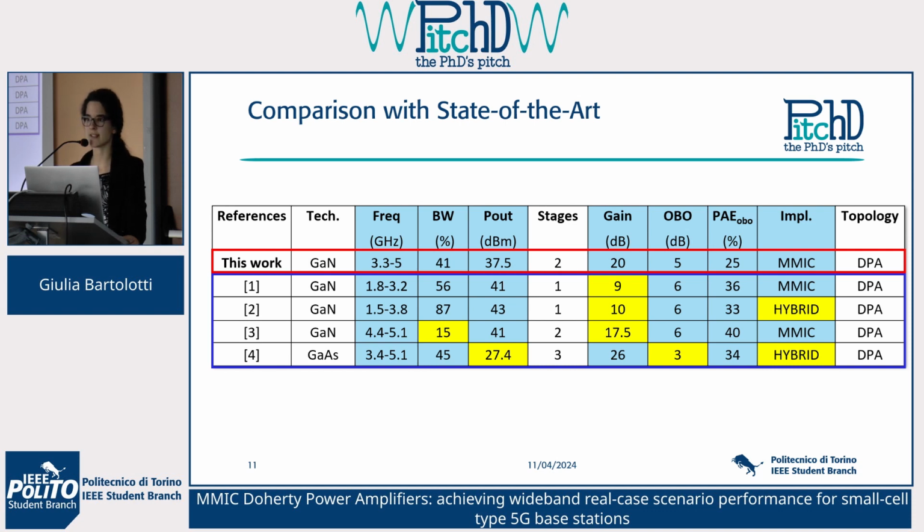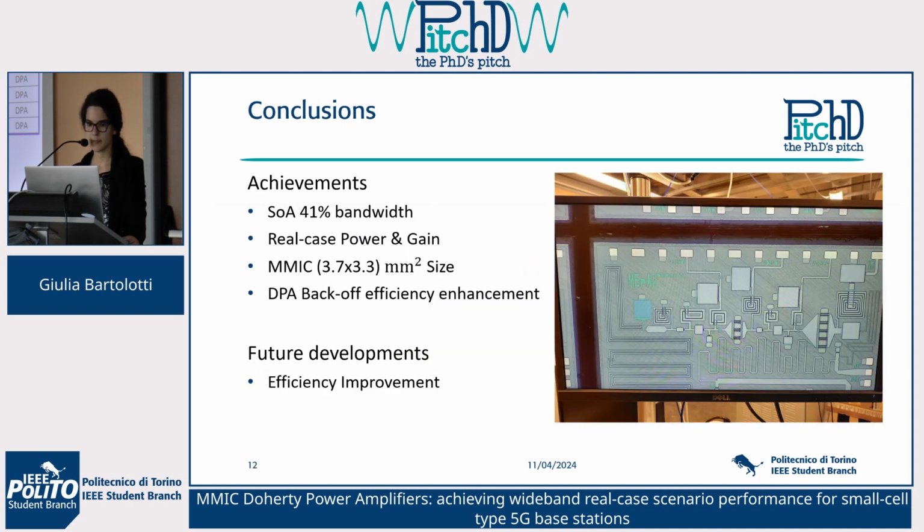Overall, we can say that our performance was pretty good in terms of bandwidth, power, and gain. What we were not really satisfied with was the power added efficiency, which at 5 dB back-off was higher than 25%. You can see it is lower than others.